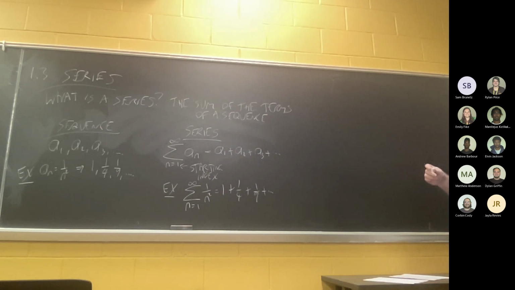So now I need to explain what it means, instead of just talking about a sum possibly going to infinity or converging to a number. What does it mean for a series to actually have a sum?